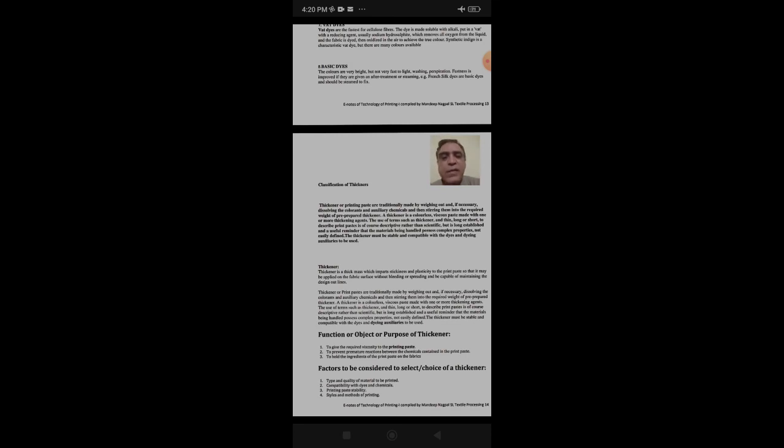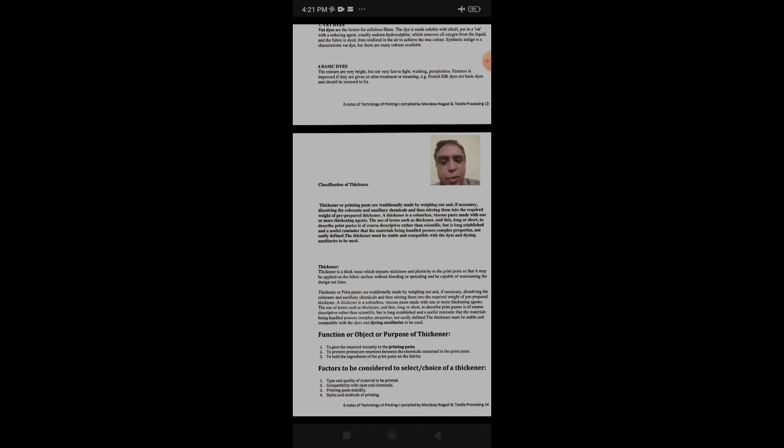So what are the factors for the selection of a thickener? Meaning, which thickener we have to take, how will we choose it? There will be some points, some factors, on the basis of which we will choose the thickener, that for such and such fabric, for using such and such dye, for a particular dye and a particular fabric, we will use a particular thickener. So the first choice factor is the type of dye and the type of material. Like, if we have to print cotton and print with reactive dye, then we will have to choose the thickener accordingly, like starch and, you can say, sodium alginate. We cannot choose any other thickener, so we will have to keep in mind the type of dye and the material which is to be printed.